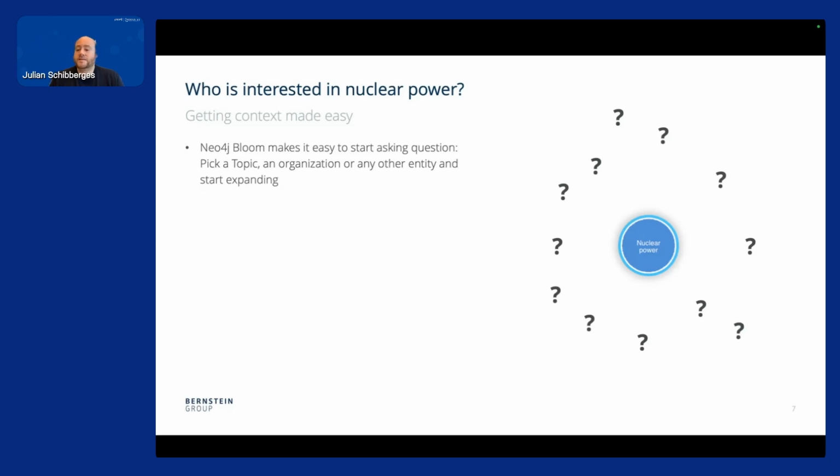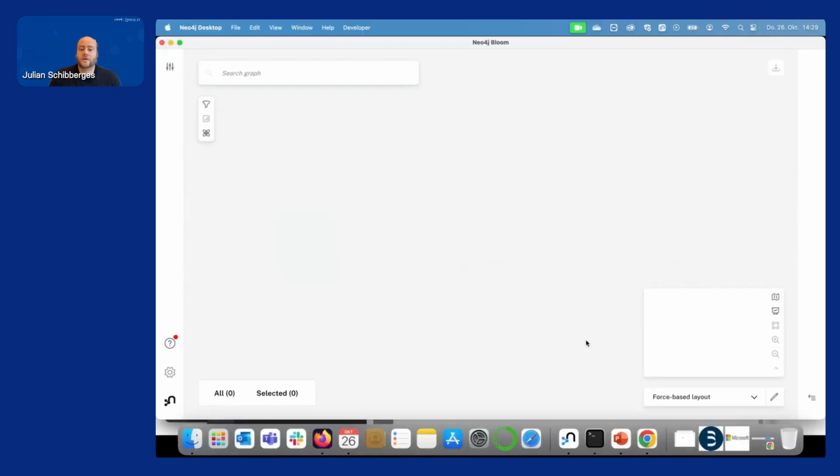At the same time, we were phasing out our nuclear power plants in favor of renewable energies. And there was a lot of debate around whether we should extend their lifetimes and so on. I'm not going to dive into what is right and what is wrong. I'm just going to say how we can get some insight into this using graph technology.